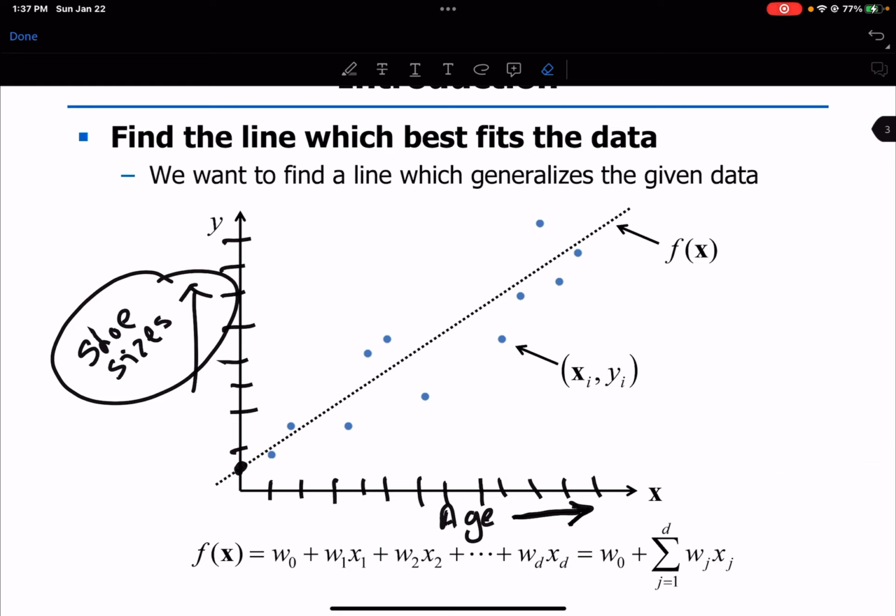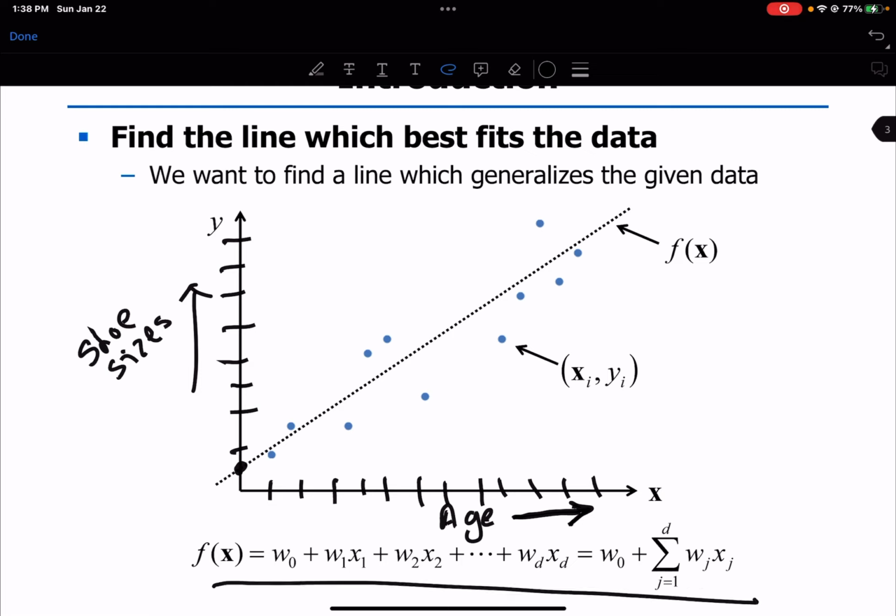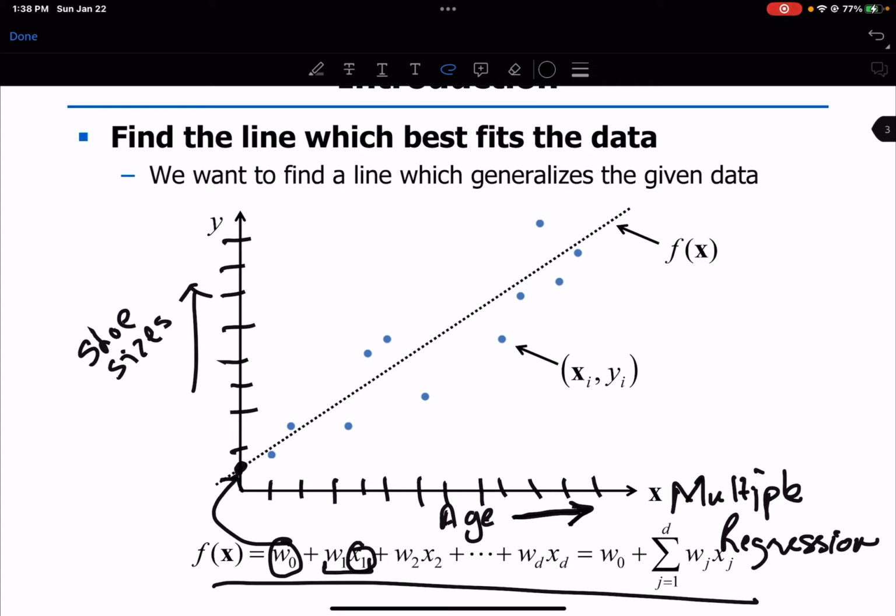So in that case, we would have multiple variables. And we call that multiple regression. Here, this W0 will be your intercept, and the effect because of variable x1, for example age, variable x2, the effect of gender, and some other variable may also be involved.